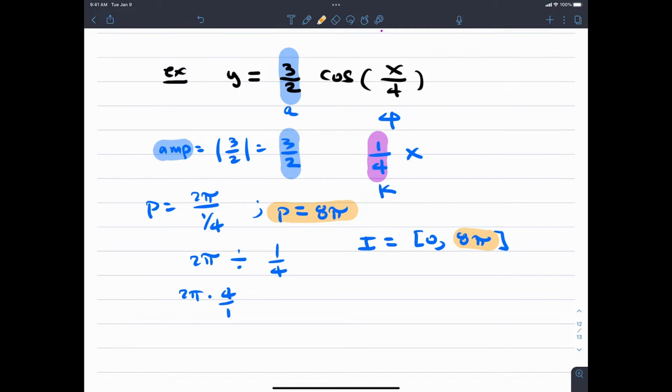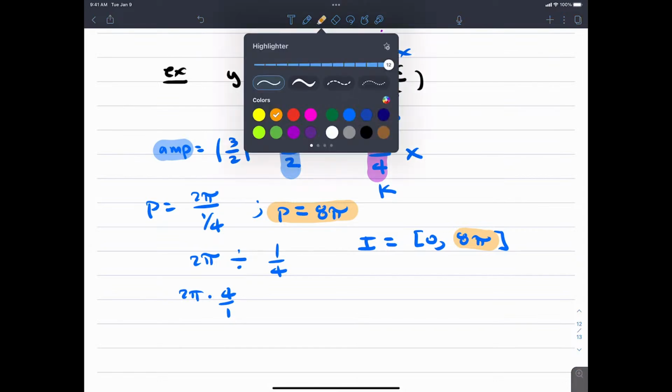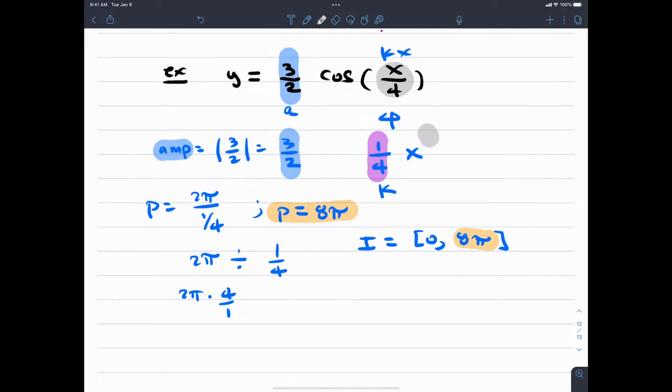All right, ladies and gentlemen, take a look at this right here. This is kx. Is that right? So what happens is people mistakenly think that k is 4, and it's not. Because x over 4 is rewritten right in here as 1/4 x.